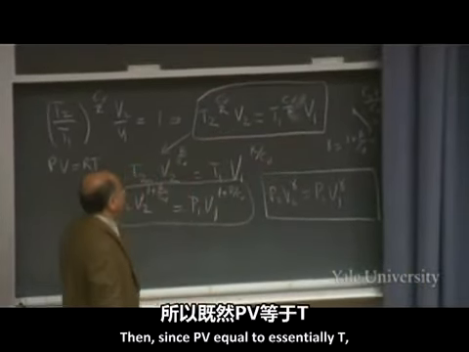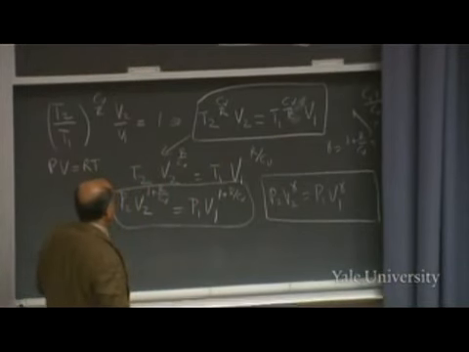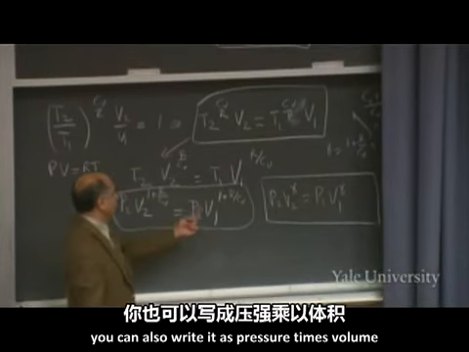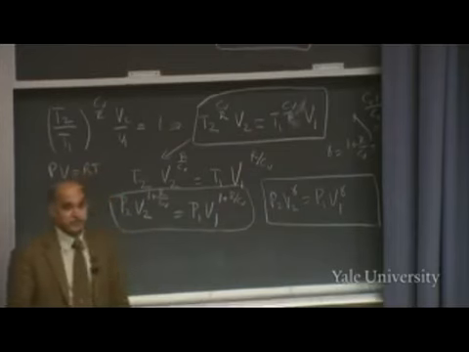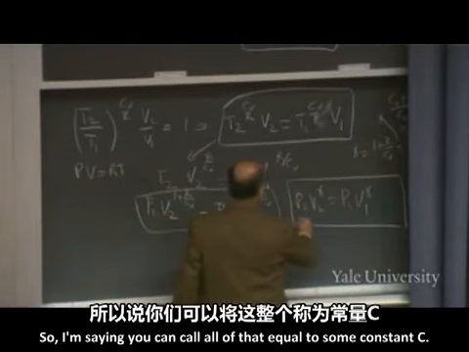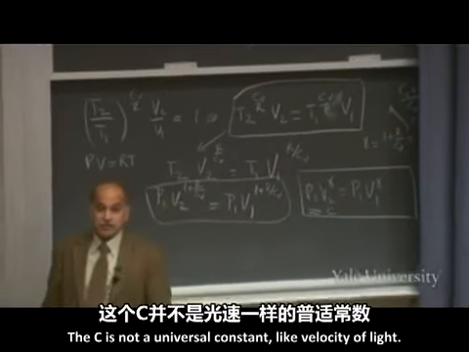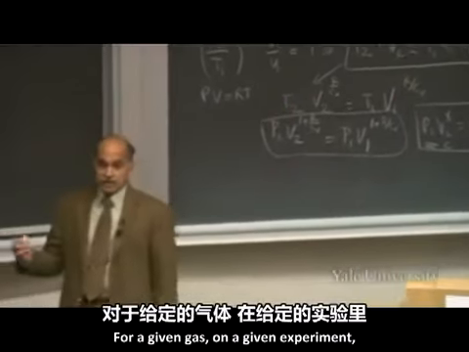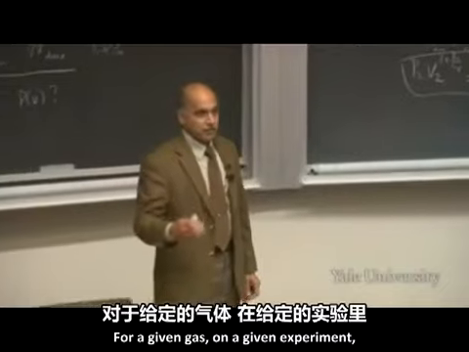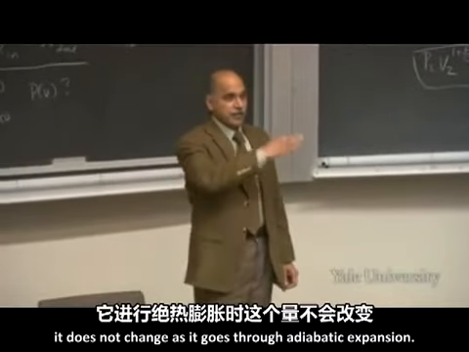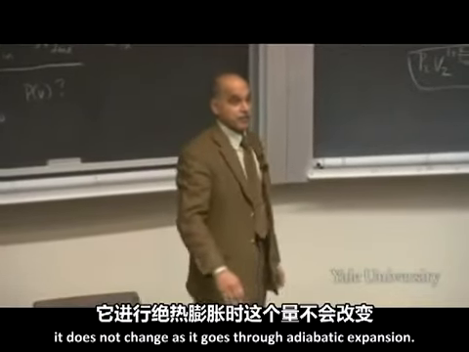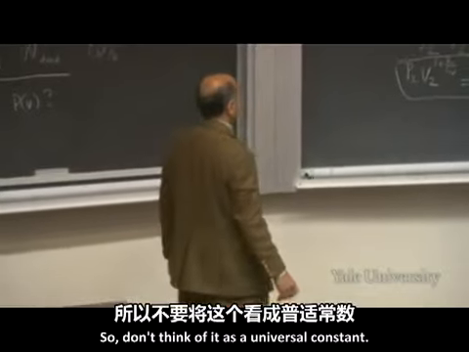Then since PV is essentially T, you can also write it as pressure times volume to the power gamma doesn't change. So I'm saying you can call all of that equal to some constant C. The C is not a universal constant like the velocity of light. For a given gas in a given experiment, it does not change as it goes through adiabatic expansion. So don't think of it as a universal constant.